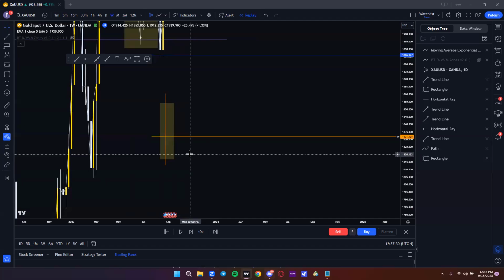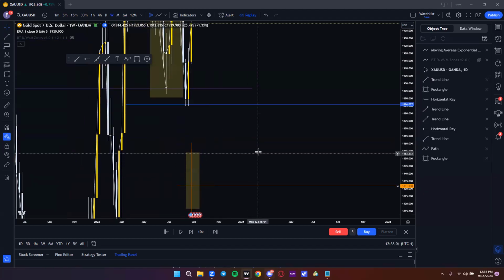I like weekly and daily because a monthly takes forever to complete. The cheap answer is monthly levels are strong, but they take forever to confirm. If you design your direction around daily, weekly, H4, you will get a more precise intraday view of how you can take daily opportunities in the market. Okay.